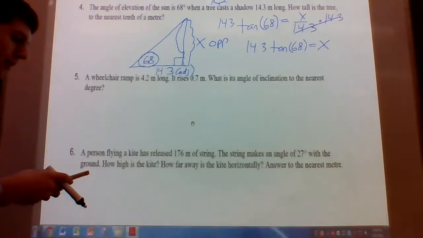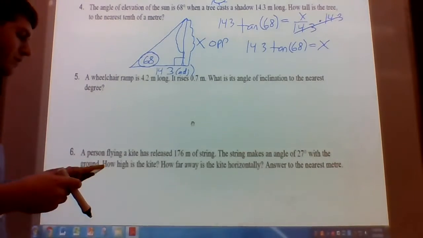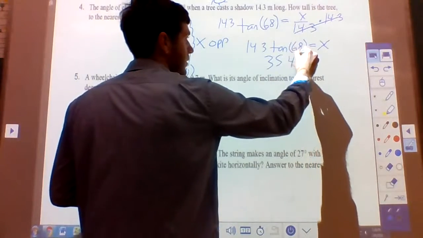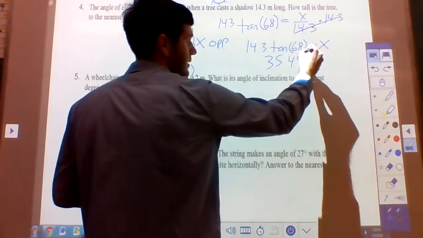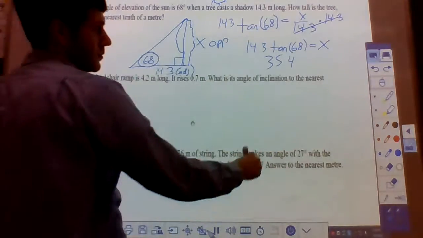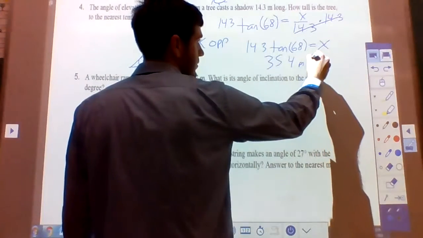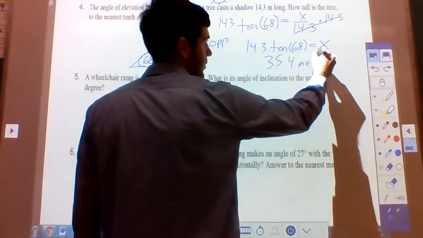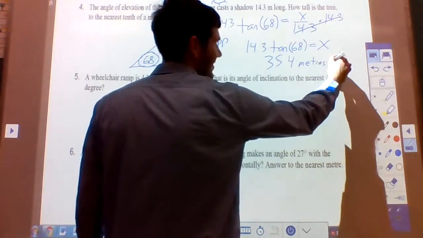We're going to get 35.3937, so it's going to round to 35.4. It's not degrees, it's length, feet, meters. It's going to end up 35.4 meters. We can spell it British too if we want. Meters.